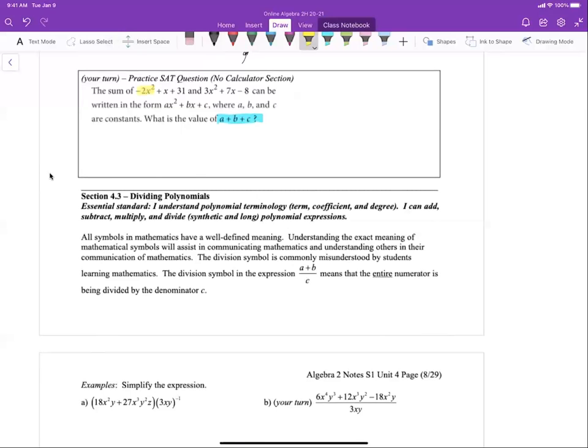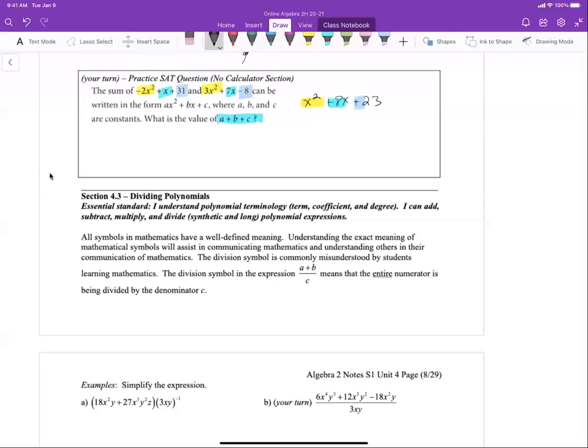So we're going to combine the x squared term. So if I have minus 2x squared plus 3x squared gives me x squared. Then I'm going to combine the x terms. That gives me 8x. Then I'm going to combine my constants. So positive 31 minus 8 gives me plus 23.